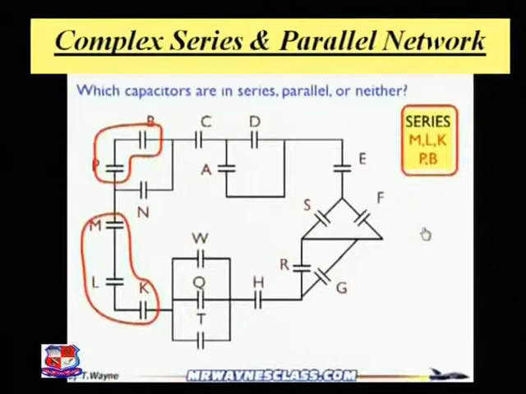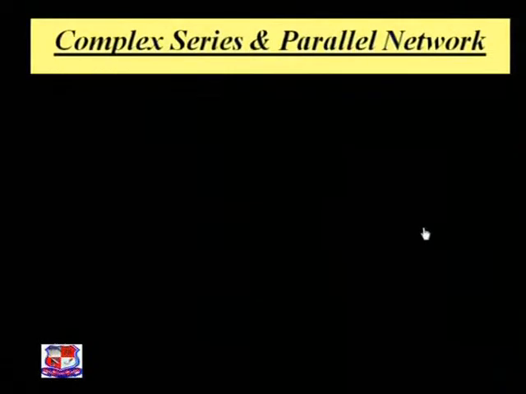So C and D are not in series. Same for H, Q, K, L, M: they are not in series because if you trace the lines, you can find that there are two nodes. So remember one thing, in series capacitors there is no node between two conducting lines.